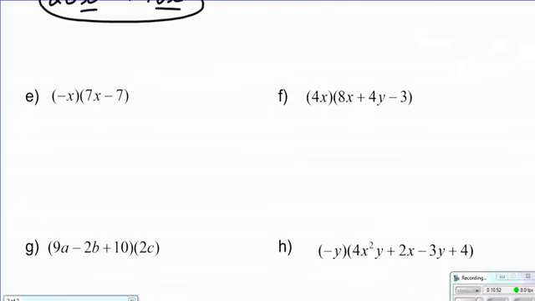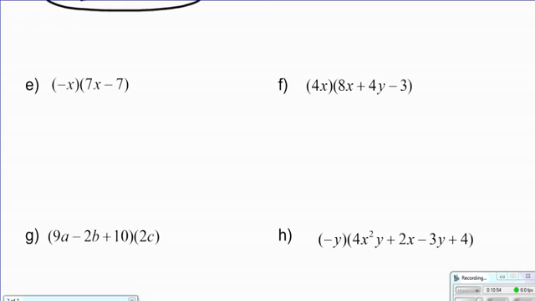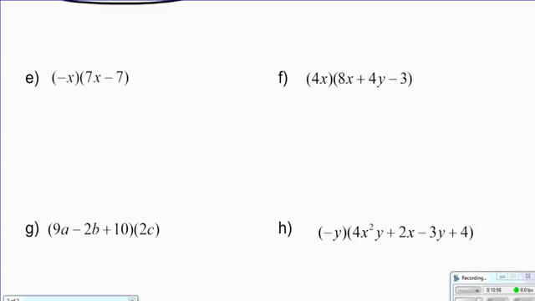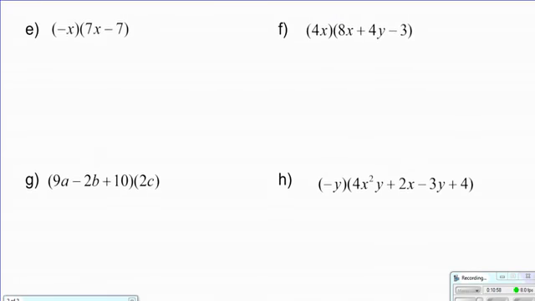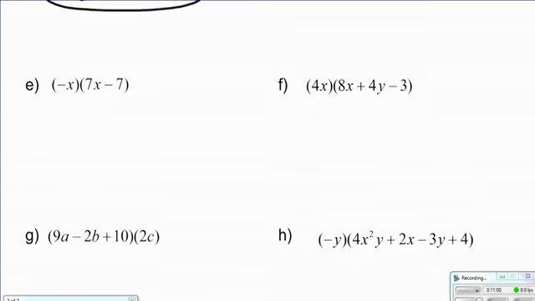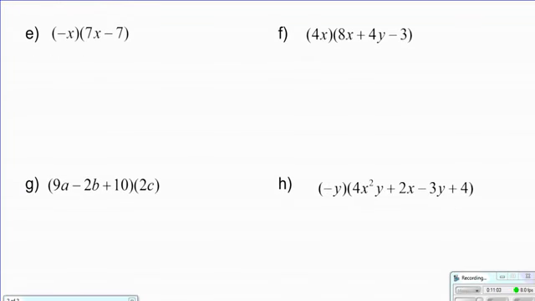I am going to show you F because G and H have a couple more terms on them. So now it's a monomial times a trinomial or times a polynomial. So that can be kind of tricky. So I'll show you F, and then the other three you're going to do by yourself. So when you have more terms, it's just like it was with a binomial, except now the monomial has to get multiplied a few more times.